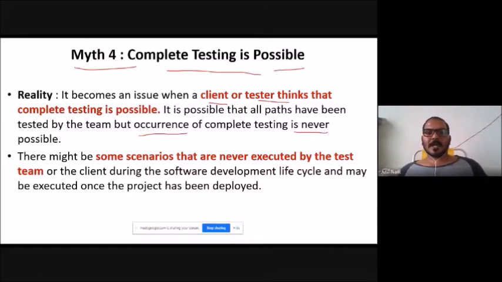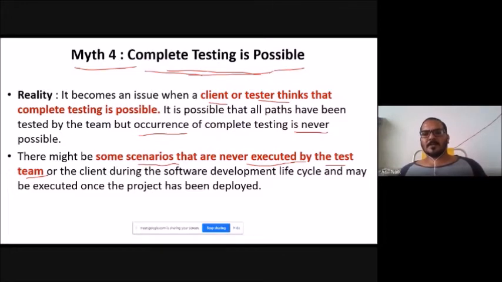There might be some scenarios that are never executed by the test team or the client during the software development lifecycle.